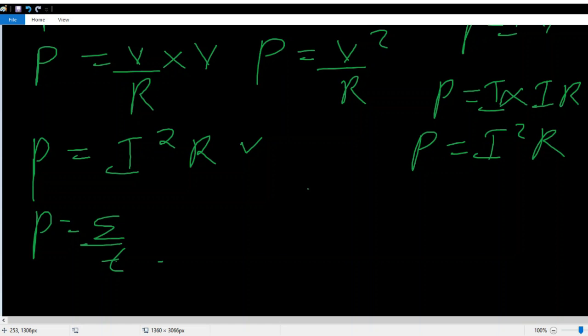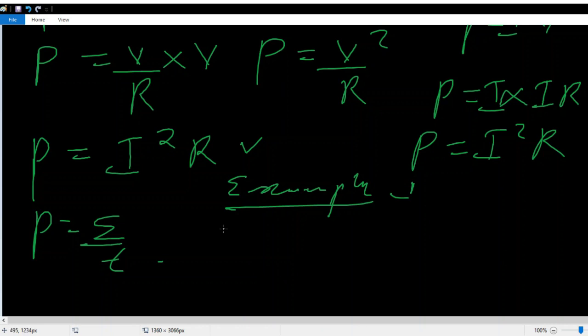The first example reads: an electric pressing iron is rated at 220 volts and 1100 watts. Calculate the current it takes and the resistance of its element. So let us look at the data.